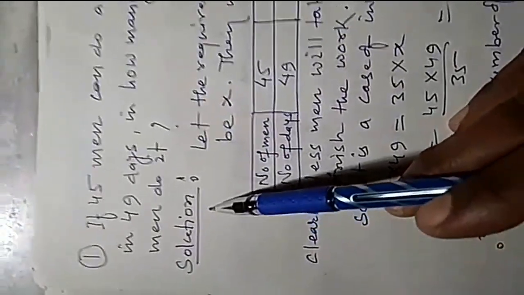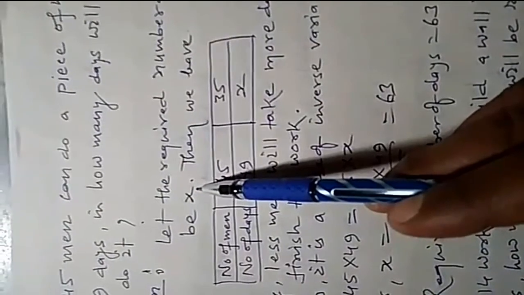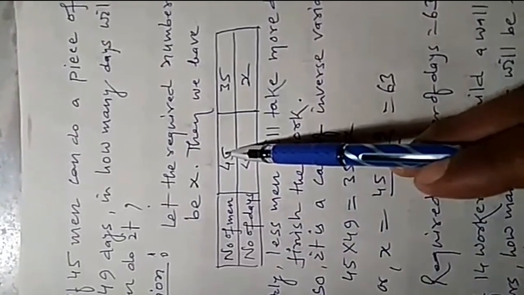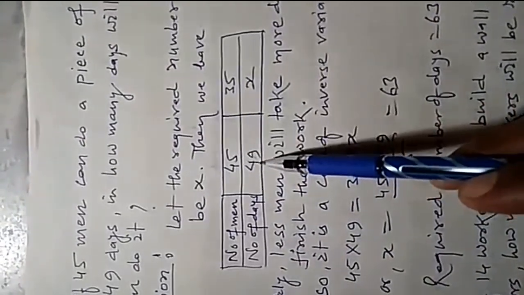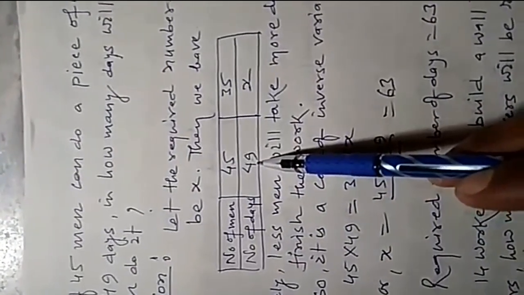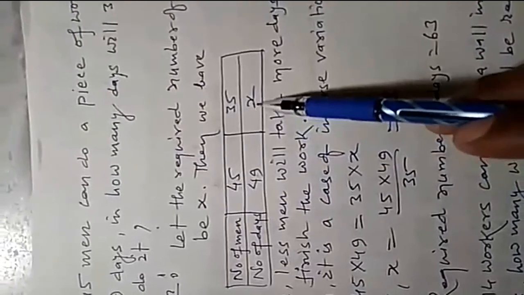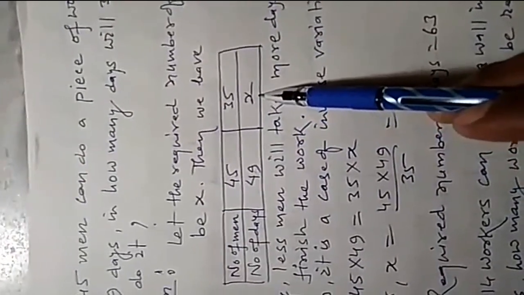Solution is here. Let the required number of days be x. Then we have number of men 45, number of days 49, and number of men 35, time taken to complete in x days.